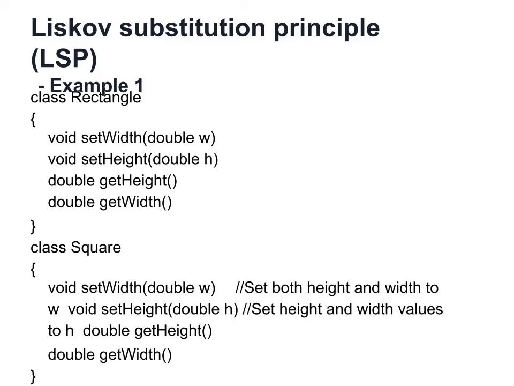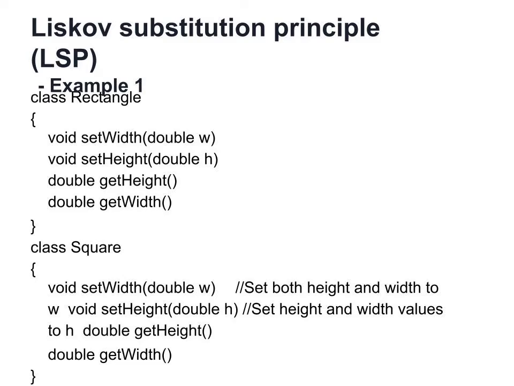Instead of implementing a square class on its own, I would try and extend the rectangle class. I would say square extends rectangle, and I create a set width method where I would set both height and width to W, and a set height method where I set both height and width to H. Is that a good implementation?